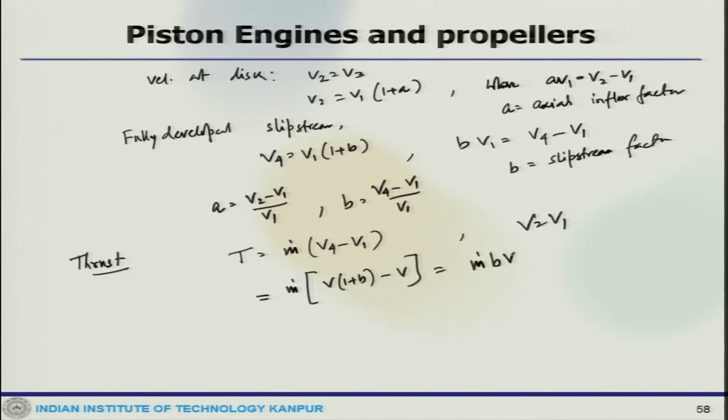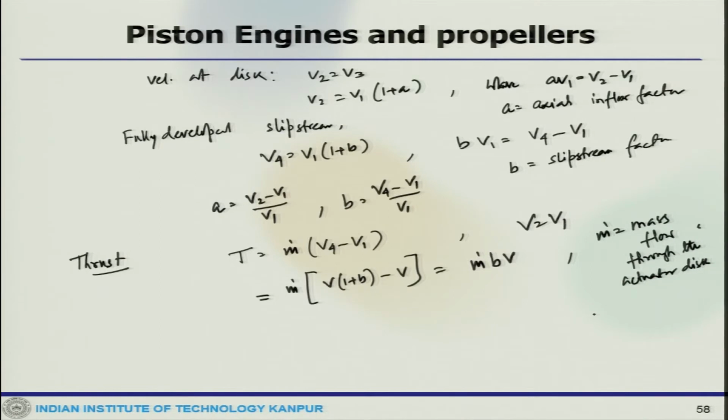B V. Now, here m dot is the mass flow rate through the actuator disc.